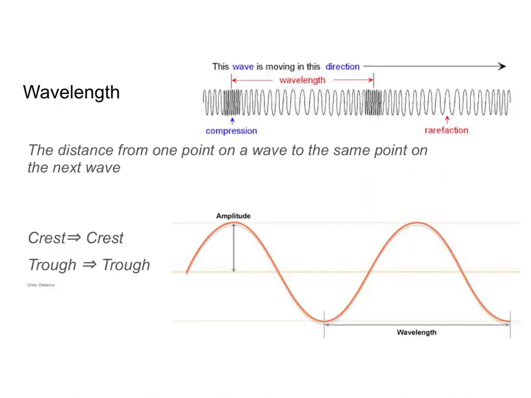And so for our wavelength, this is the distance from one point on a wave to the same point on the next wave. If I was going to be looking at this wave, I would go from crest to crest, and this would be my wavelength, the distance there. Or I might go trough to trough. This might be my wavelength here, the same point on each wave. I can't go from here to there. That's not a full wavelength.